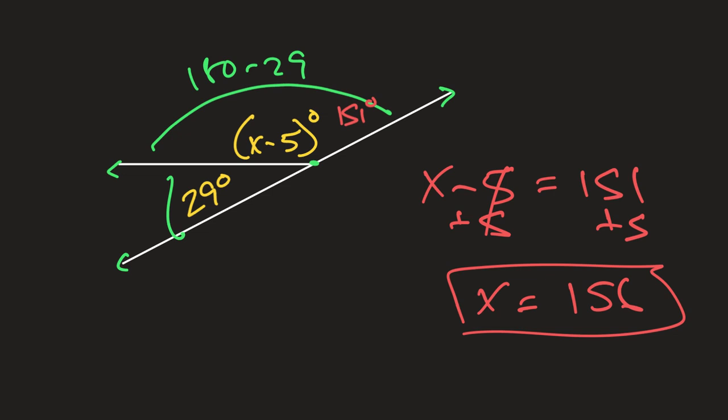If they want to know the angle measure here, the angle measure that we don't know is 151. The value of x is 156. Okay? So again, make sure that we're reading directions, make sure we're solving for what they want, and we're getting them what they need. Do they want to know what the variable is? Do they want to know the angle measure? What do they want to know? Let's make sure we give it to them. A lot of times you've got to find the variable to get the answer.